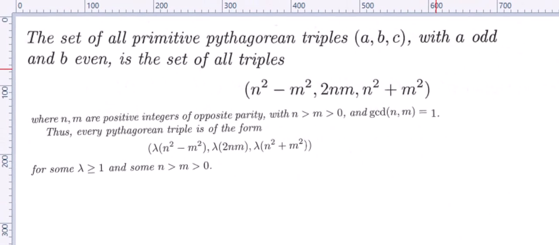What we have here is a theorem that would help us generate other Pythagorean triples that are primitive.